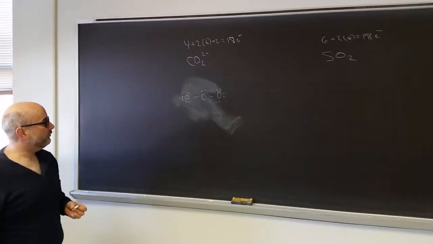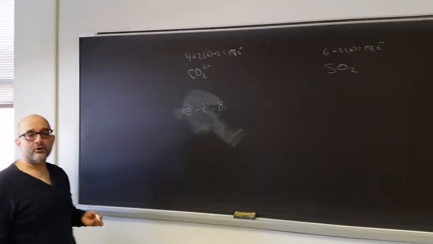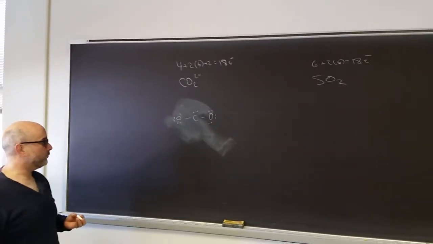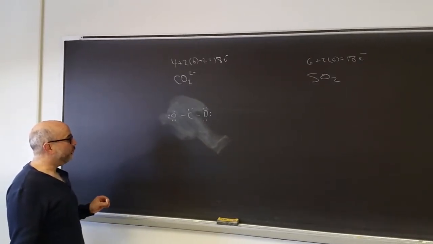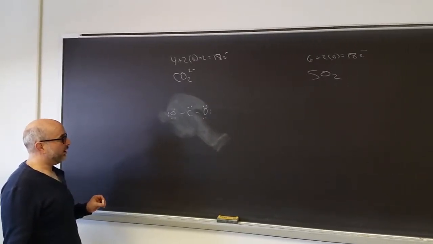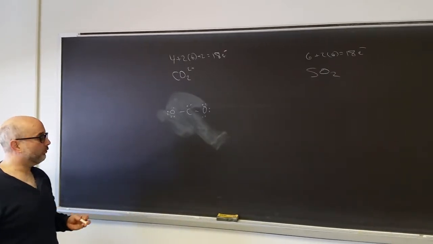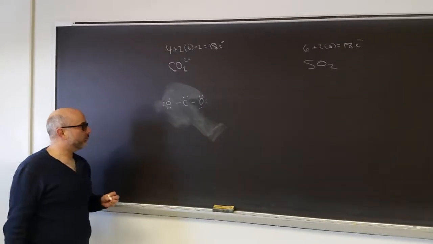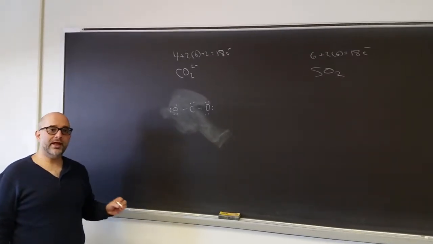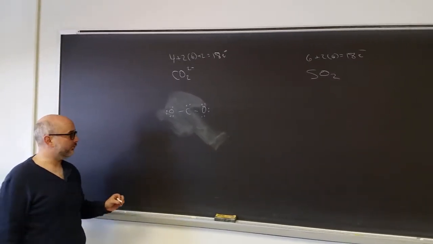So at this point, this is the preliminary structure for this species, and it's probably not correct at this point. The way that you fine-tune it is by looking at either octet compliance or formal charges. And remember that whether you're looking at formal charges or the octet rule, the way you count the shared electrons is different.